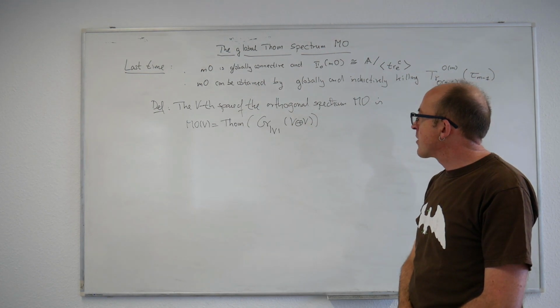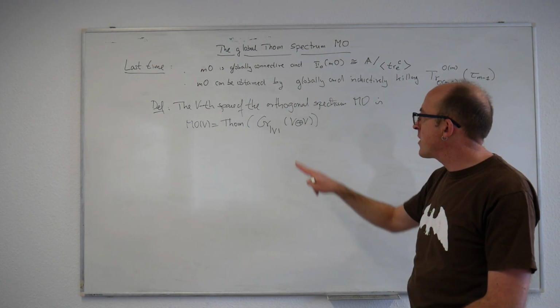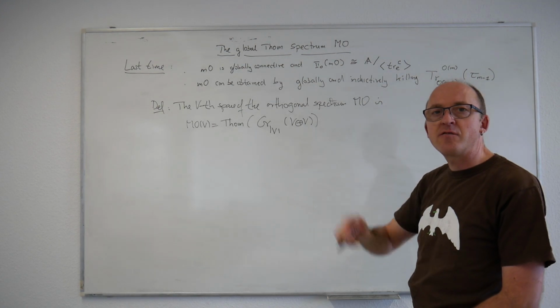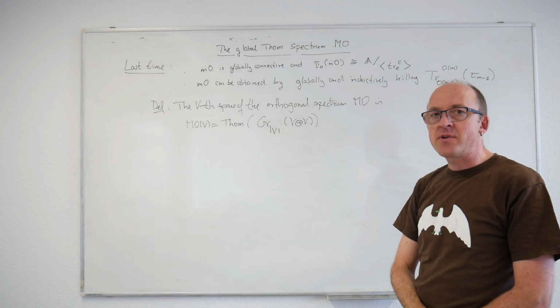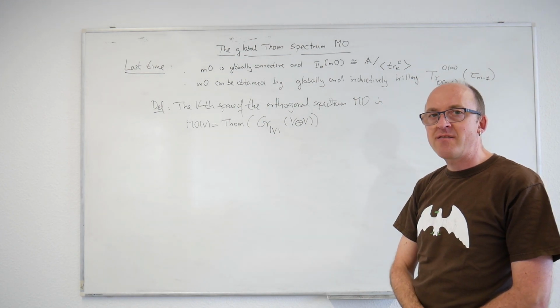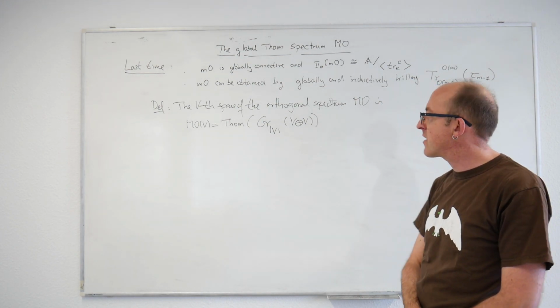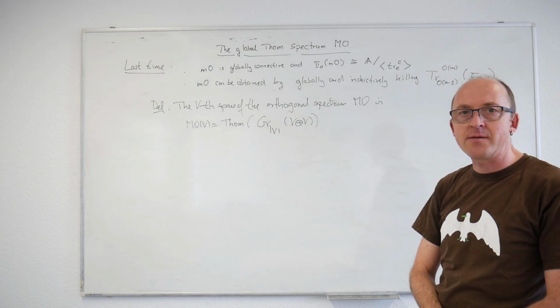If you recall the definition of little m capital O, we had V plus R infinity instead of V plus V. This might look like only a minor difference in the definition, but this small difference in the point-set level definition has drastic consequences for the equivariant and for the global homotopy types.